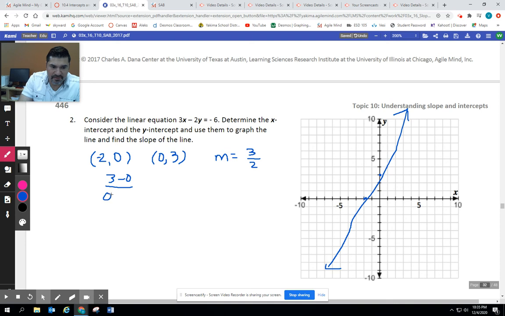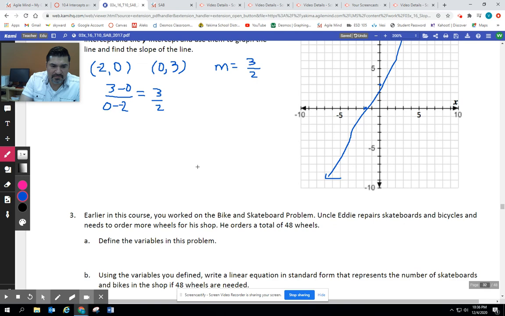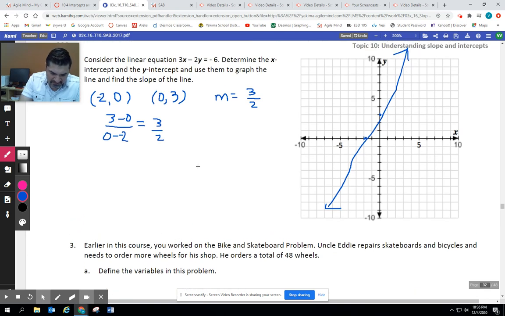So 0 minus negative 2. 3 minus 0 is 3. And then remember, we have this double negative, so it's going to be a positive 2. Okay, and that's the same as over here.